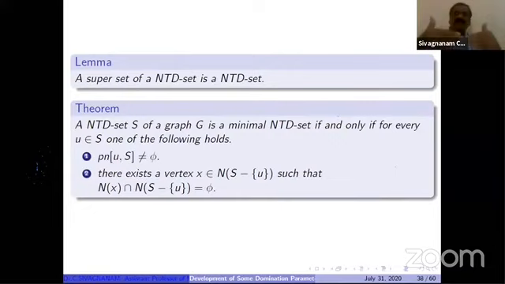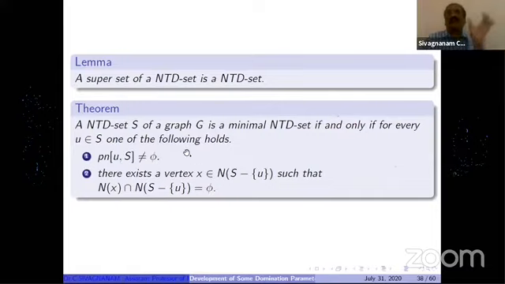Next, using this lemma we have the theorem, the minimality condition. When do we say that a neighborhood total dominating set is minimal? A neighborhood total dominating set S of a graph G is a minimal NT dominating set if and only if for every U in S, one of the following is true. The private neighborhood set of U comma S, Pn of U comma S, is not equal to empty.